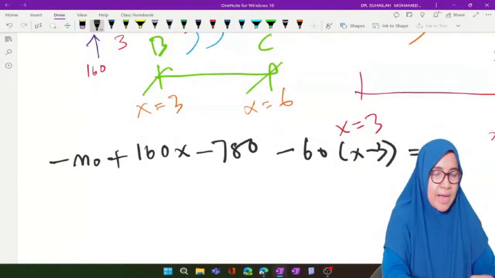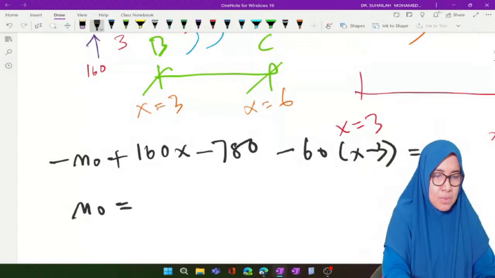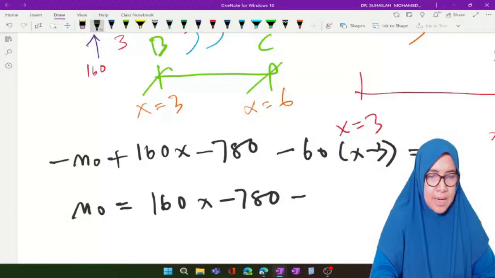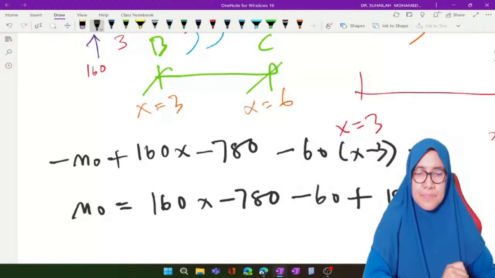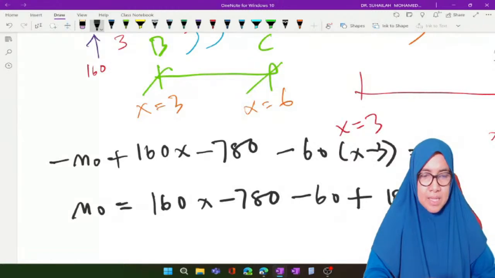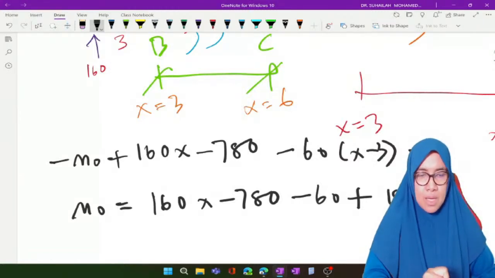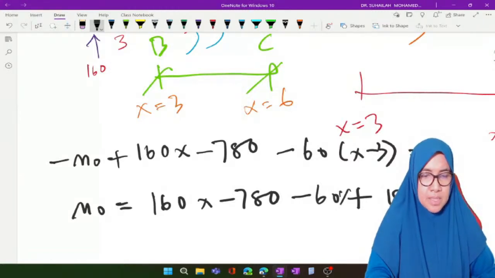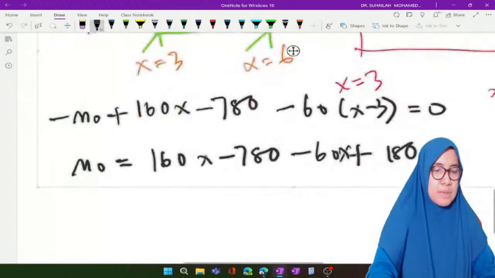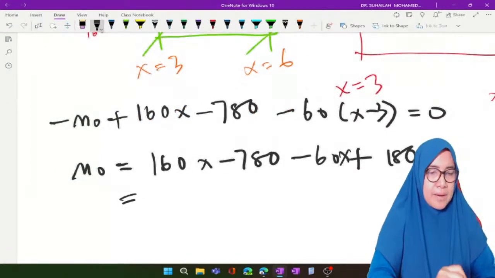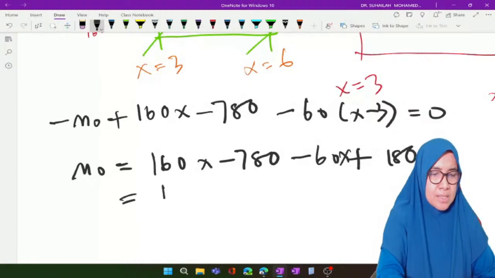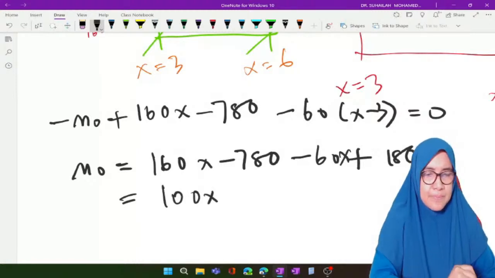So we simplify this. M naught equals 160x minus 780 minus 60x plus 180. Simplifying, 160x minus 60x is 100x.